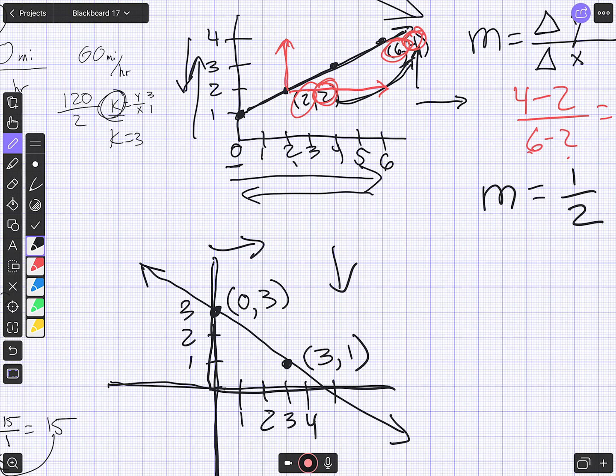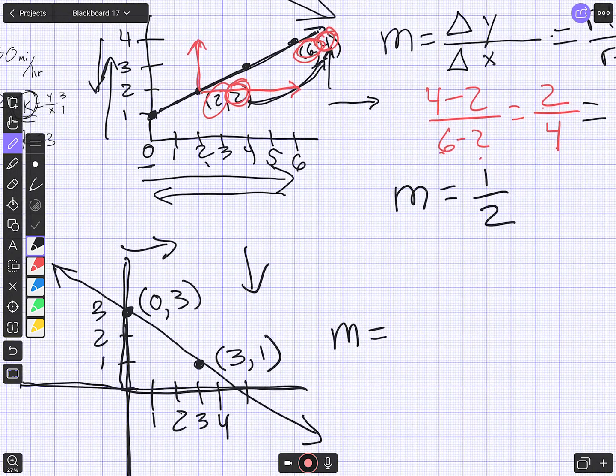What is the change? m, or slope, is equal to the change in y over the change in x. Let's start with change in y. We went from 3 to 1.